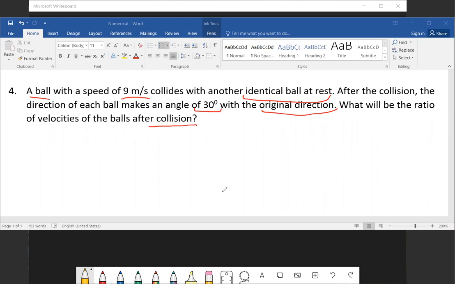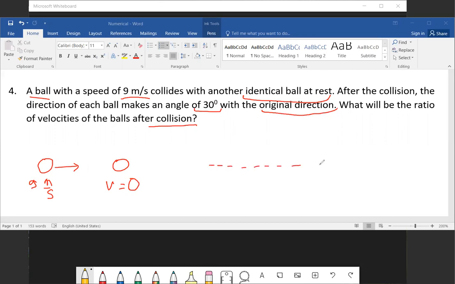So let us understand the question. So we have one ball here and another ball here. This ball is having a speed of 9 meters per second moving in this direction, and this ball is at rest. After collision, each ball makes an angle of 30 degrees with the original direction.